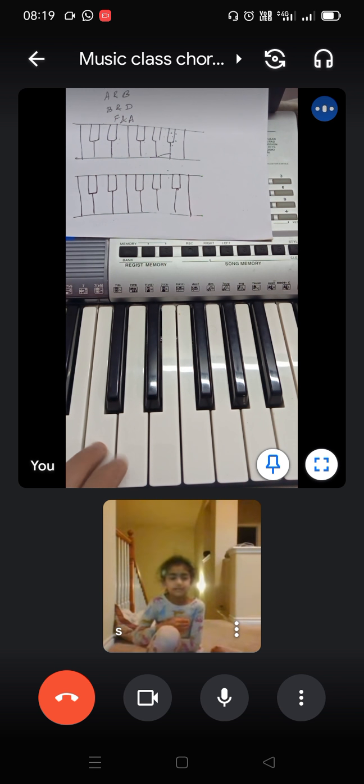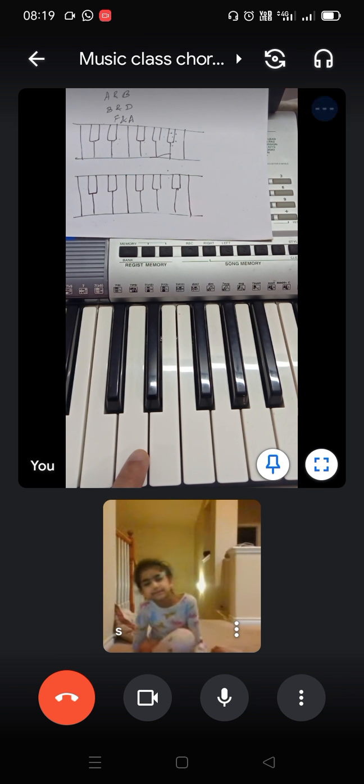Okay. C. What is this note then? The one I am pointing at. This is G. No. What is after C? That is E.